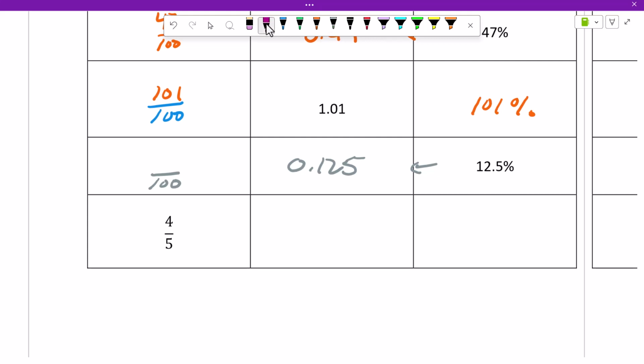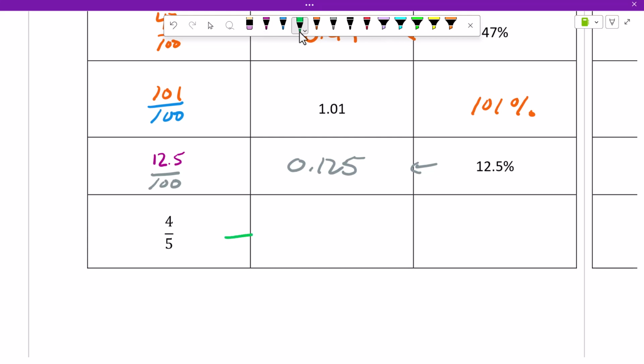Alright. So Fiona had it right. Remember, percentage means out of 100. 12.5 out of 100. Or we can take this decimal and just move it 2 spots to the right. 12.5 out of 100. Okay. The last one. 4 out of 5.